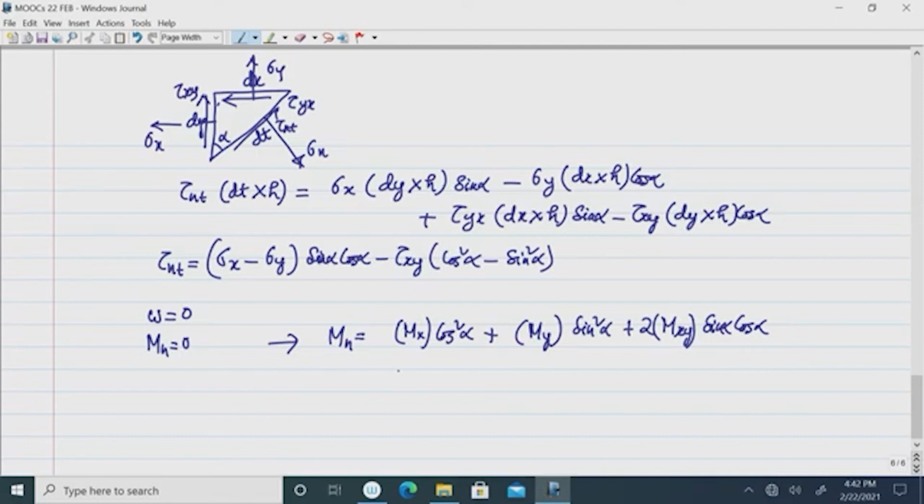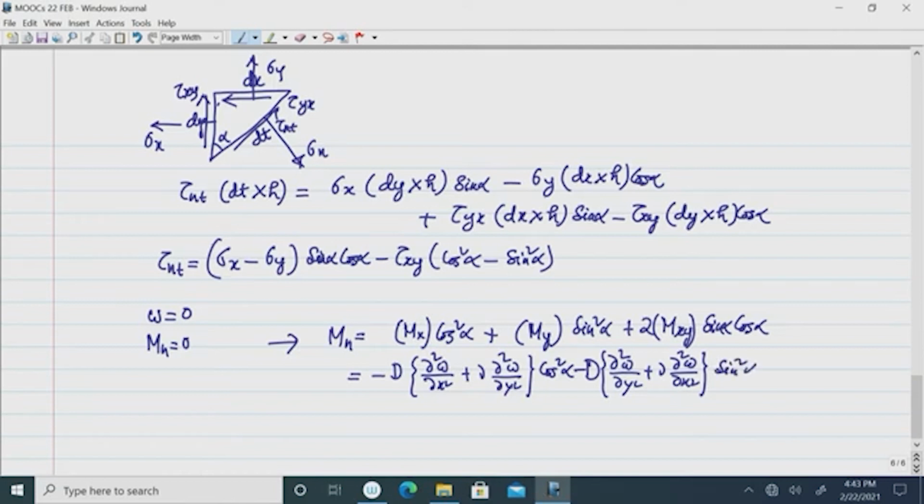So, if I want to write this in terms of derivatives, instead of keeping this as m x, I can write it as minus d, and this is cos square alpha plus, and again minus d, then for m y I can write it similarly, and then this m x y.